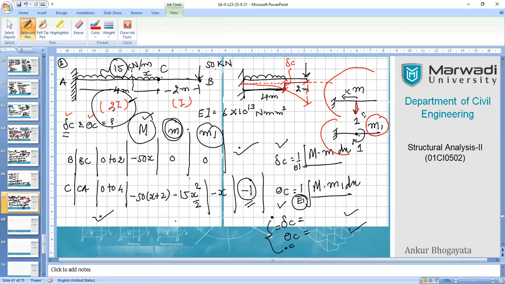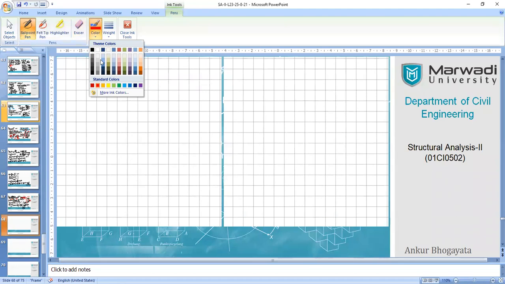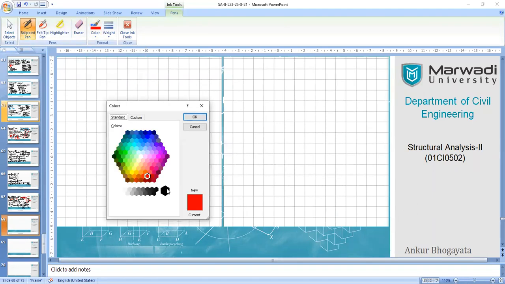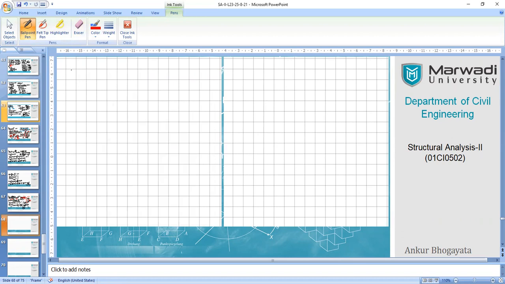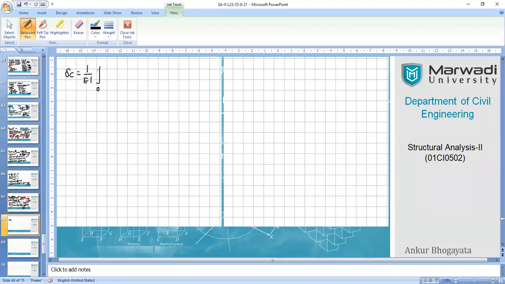So now it's just a matter of collecting the information together. So first we'll try to obtain delta C. Delta C can be obtained like this, 1 upon EI segment wise. The first segment was 0 to 2 meter and second was 0 to 4. So 0 to 2 meters we'll write here.